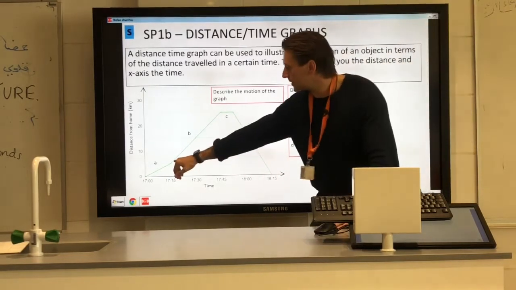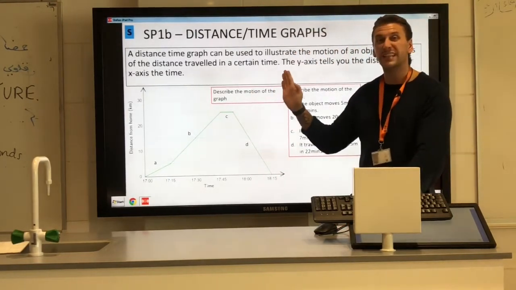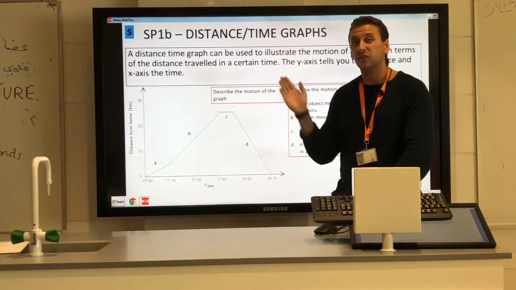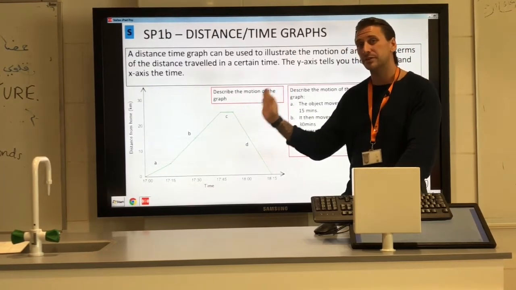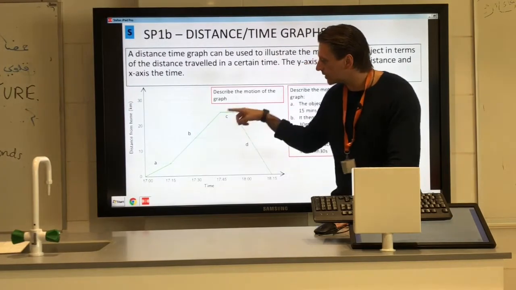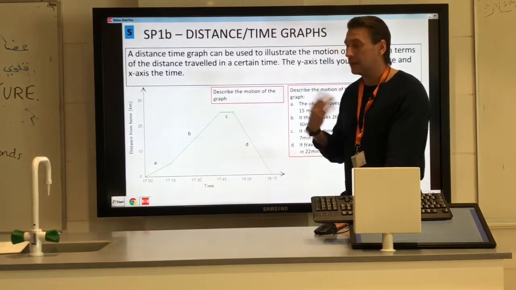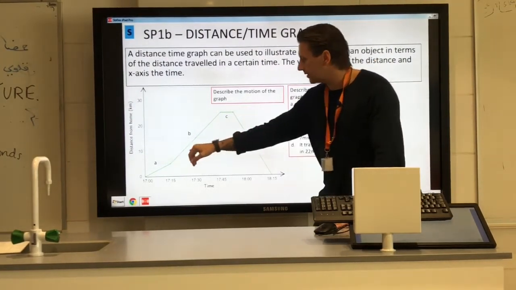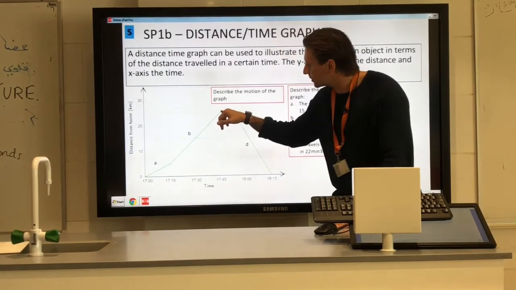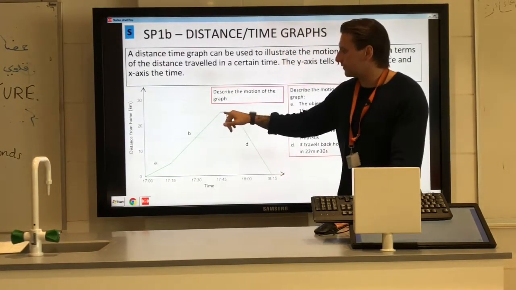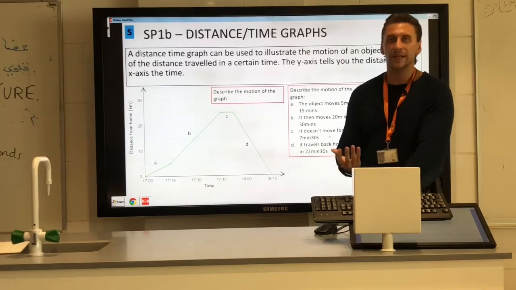And then what happens is it changes the slope, so it gets a bit steeper. If we remember from math, the gradient is the steepness or the slope of the graph. So this one is clearly a little bit steeper than the one before, and we'll find out what that means in a second. But this goes from 5 kilometers to 25 kilometers, so that's a distance traveled of 20 kilometers.